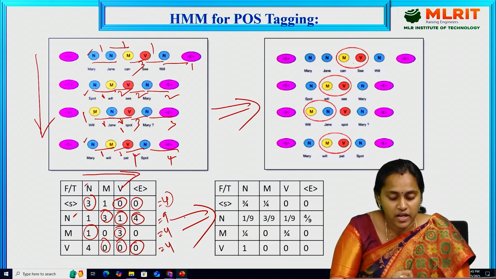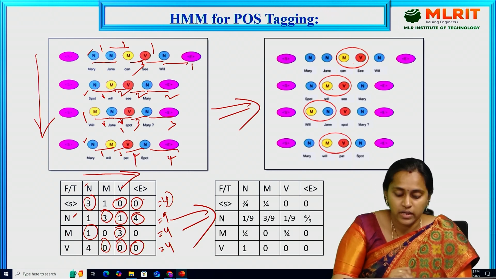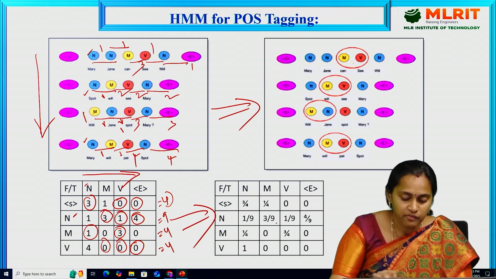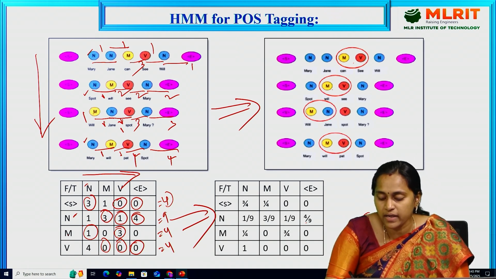Same like this, we divide by the count: 3 by 4, 1 by 4, and 1 by 9, 3 by 9, 1 by 9, 4 by 9, and 1 by 4, 3 by 4. We are calculating the transition and emission probabilities like this.